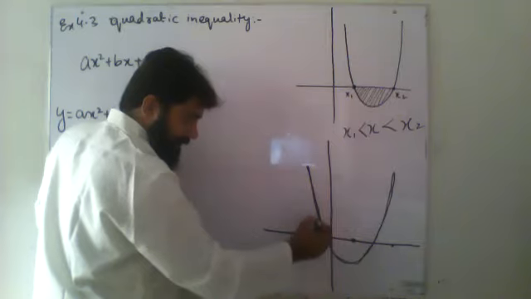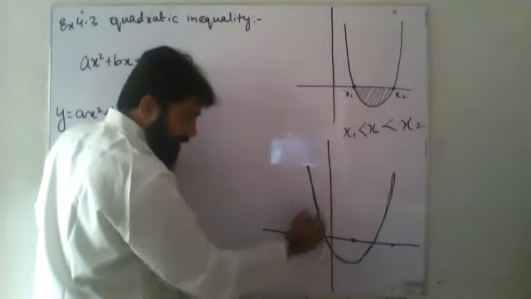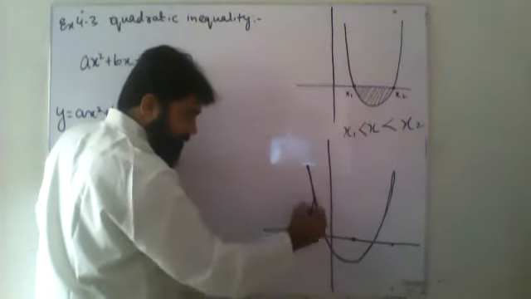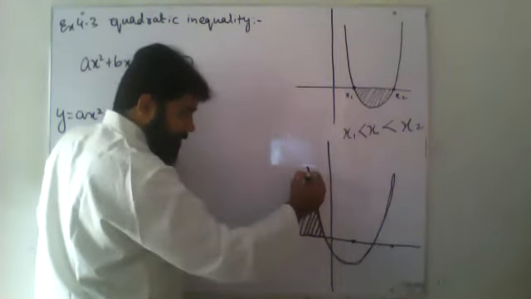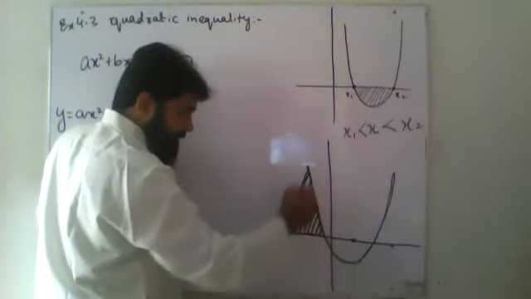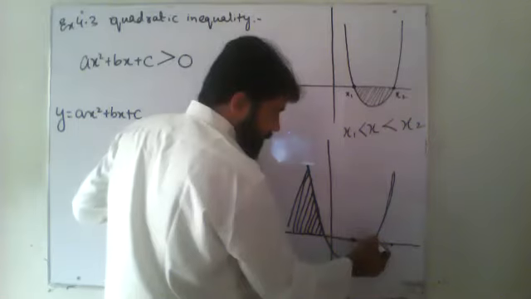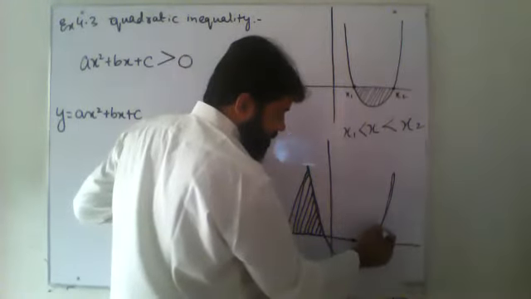Above the x-axis means that between the curve and the x-axis line, if I draw it, it will be going something like this, or something like this.